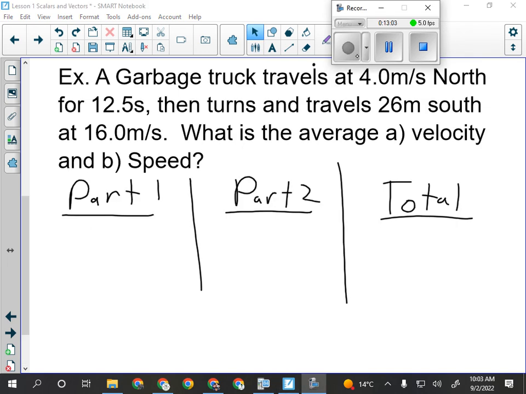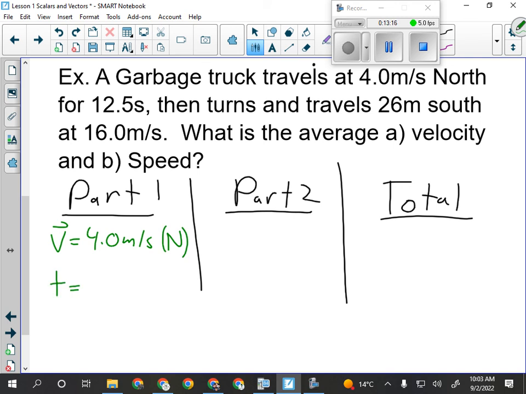So the way I would start this would be that I would write down all of my givens. The question says that the truck first travels at a velocity of 4.0 meters per second north for 12.5 seconds. So I have the velocity and the time for part 1. Okay.